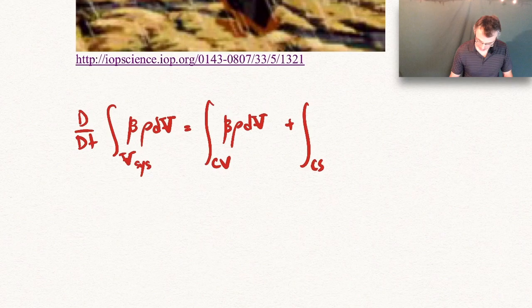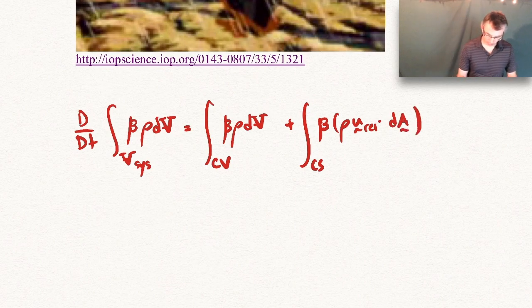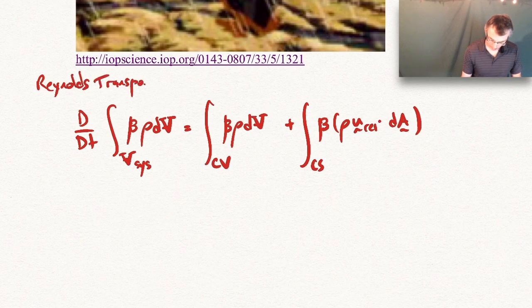So it looks complicated, but I'll tell you conceptually what all the various terms are, and hopefully it'll make a little more sense. Okay, so this is the Reynolds transport theorem. And I'll abbreviate it as RTT.